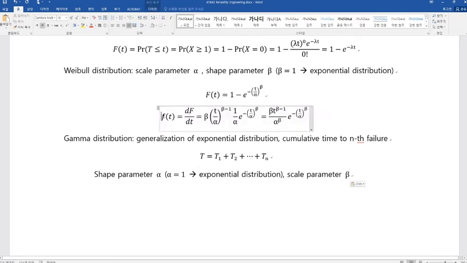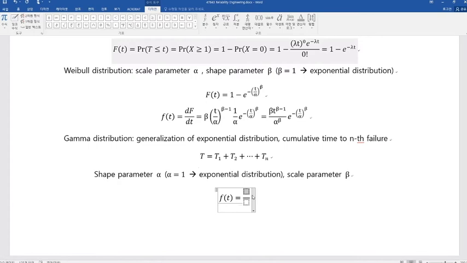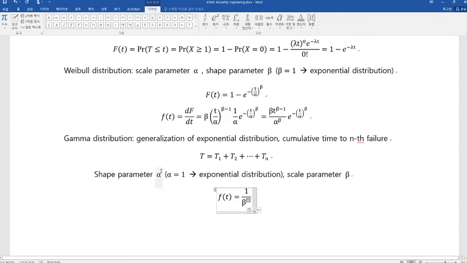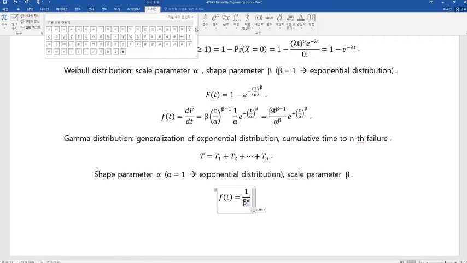So in fact, f(t) is given as 1 over beta to the power alpha, and a new function is introduced.